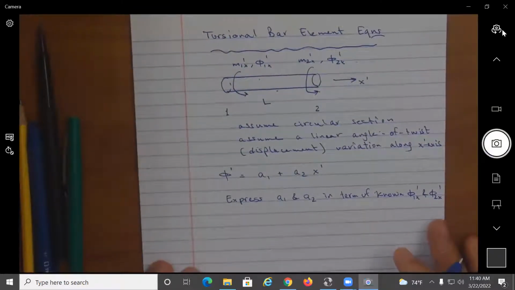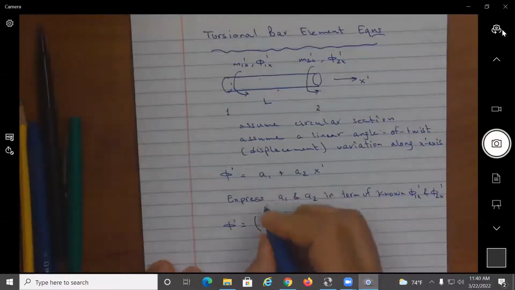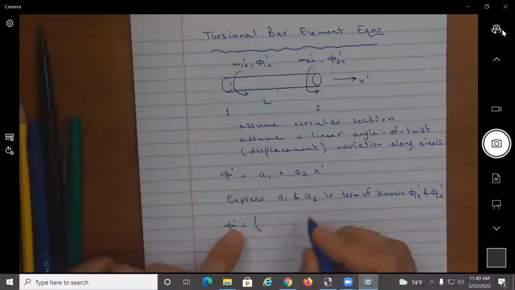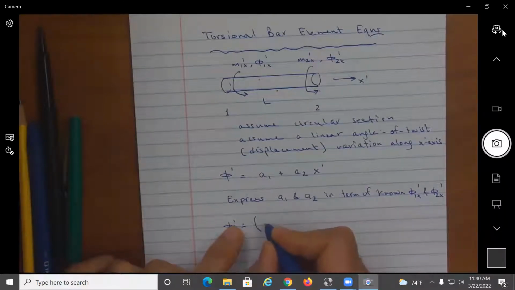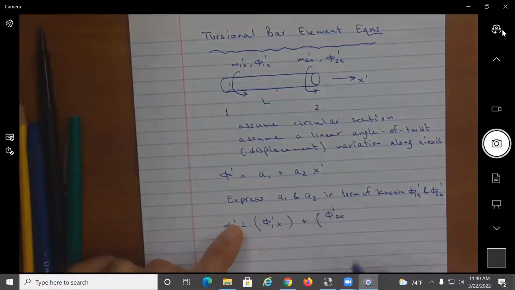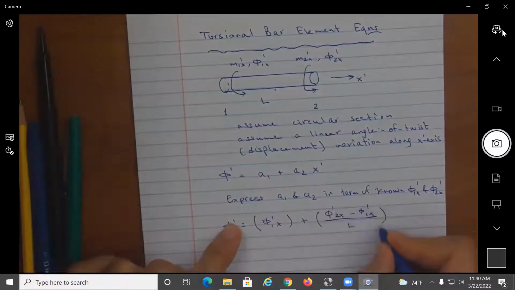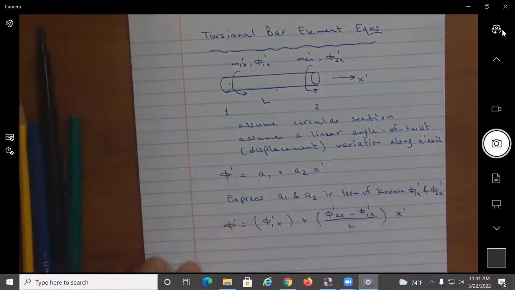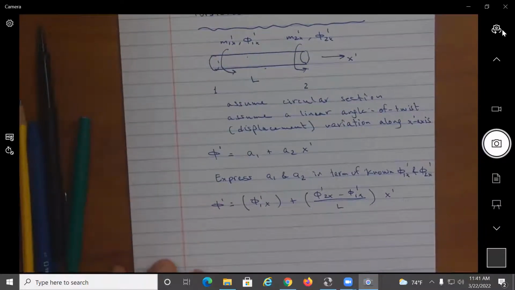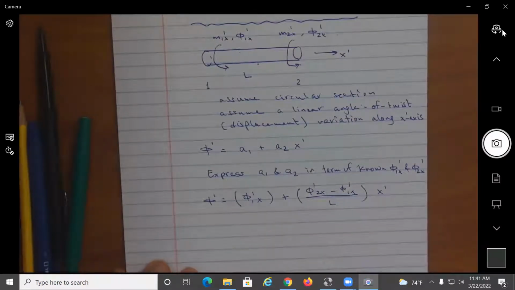So this is going to be very similar to the bar element we did in chapter 3, right? So I can get here phi prime equal to a1, which would be phi1X prime, plus a2, which would be phi2X prime minus phi1X prime divided by L, multiplied by x prime. So this is my displacement function along the length of the element.